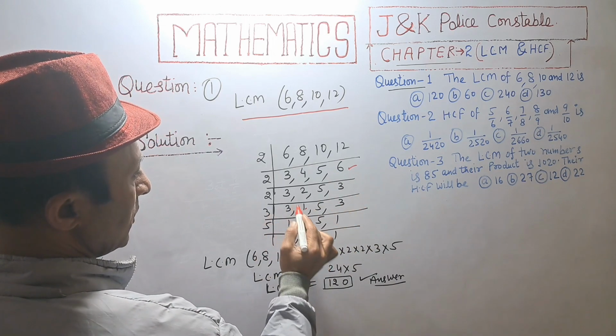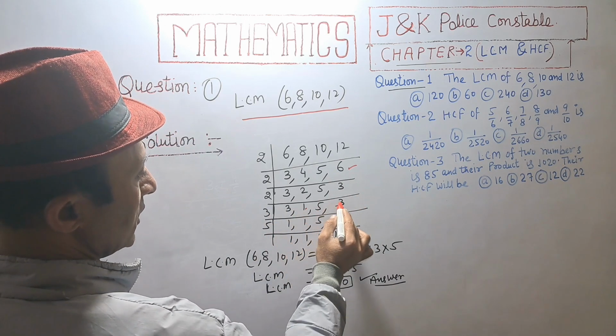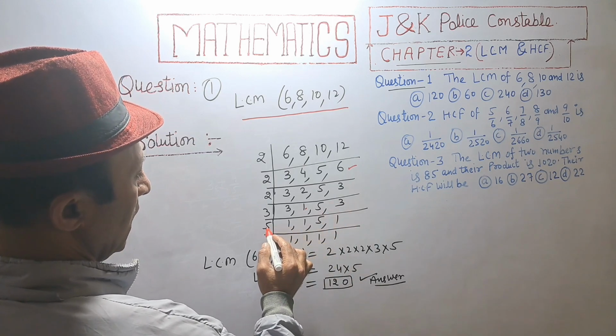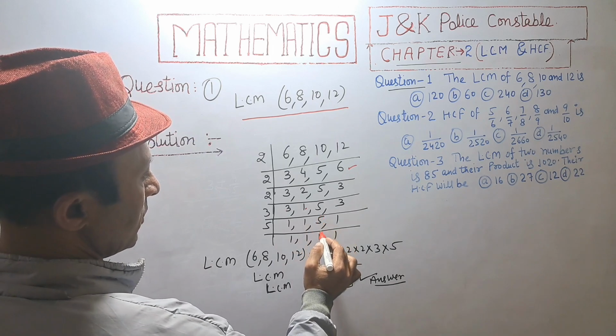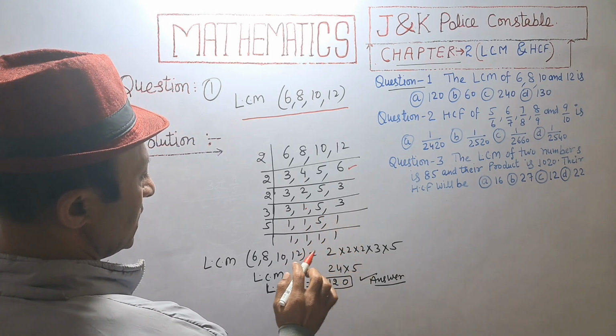Then 3 1s are 3, 1 as it is, 5 as it is, 3 1s are 3. And last 5, 1 as it is, 1 as it is, 5 1s are 5, 1 as it is.